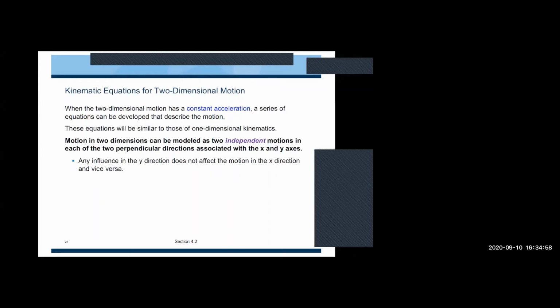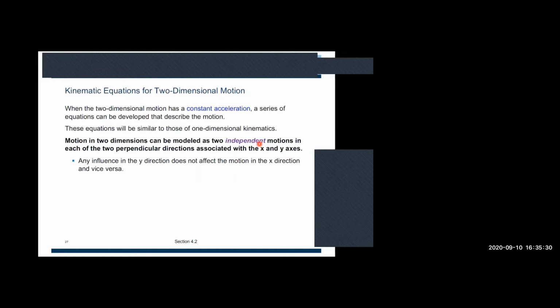And then in the horizontal direction, on the other hand, there would be no acceleration because you are not accelerating the object in the horizontal direction. We must say that we are neglecting any frictional force. So in the projectile motion, we are considering the motion to consist of two independent motions, which are associated with the x and y axis.